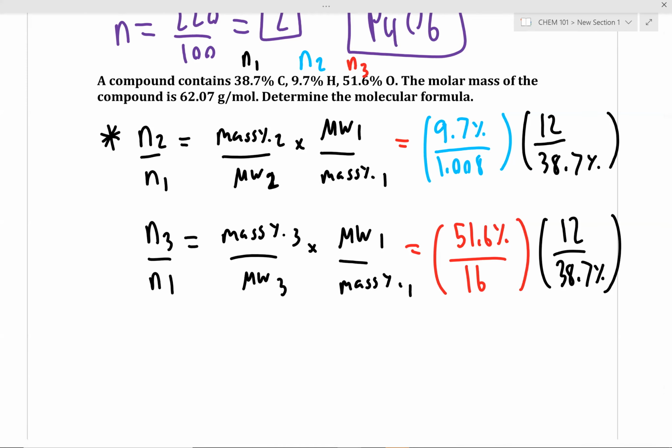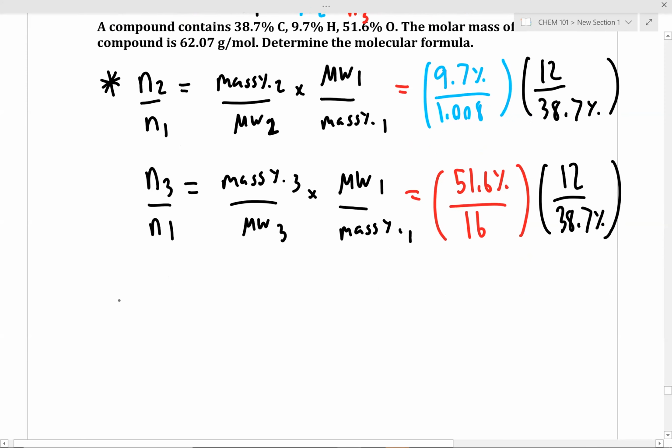Let's now punch these numbers into our calculator, and let's write a ratio of N2 over N1. So if we punch N2 over N1 into our calculator, we have 9.7 over 1.008 times 12 divided by 38.7. And a sign that you've done something right is your number should almost perfectly match.